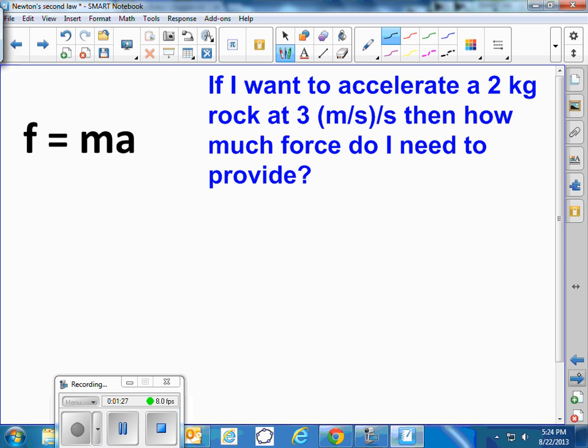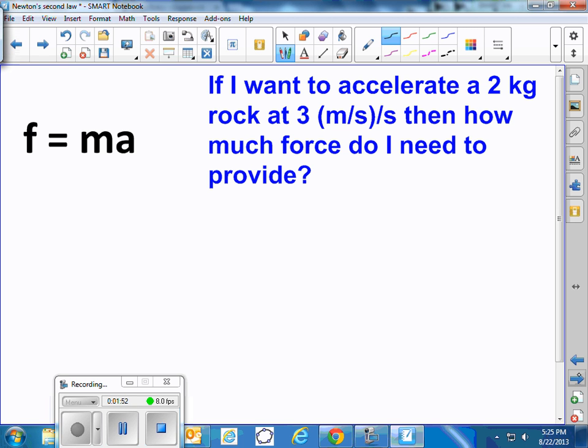And you can rearrange that formula: you could multiply both sides by m, and now you have force equals mass times acceleration. So if you want to accelerate a 2 kilogram rock at 3 meters per second every second, how much force do I need to provide?